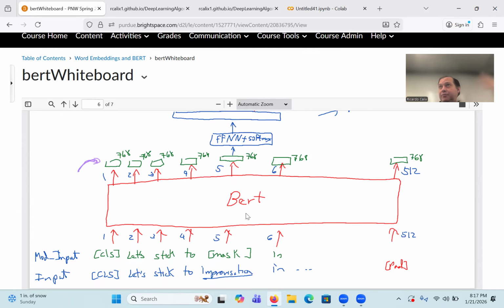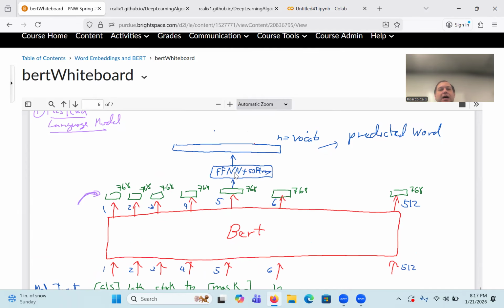So you're predicting for the masked one what it should be. So now this architecture, given this embedding and this feed-forward layer and then softmax plus a vector of 50,000, will give one word that has the highest probability, right? And that's the one that you pick as the predicted word. Does that make sense, guys?